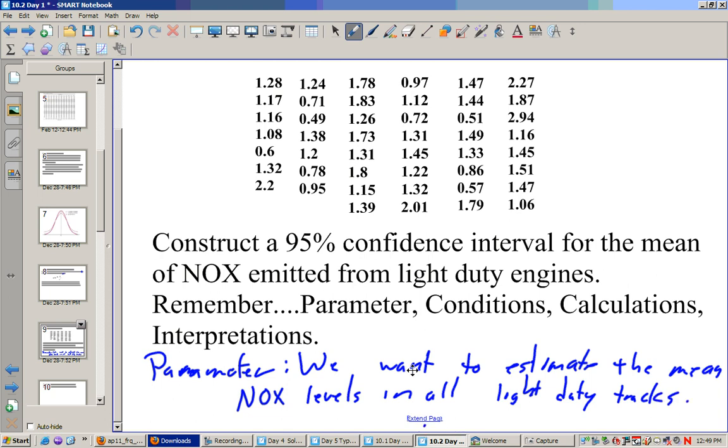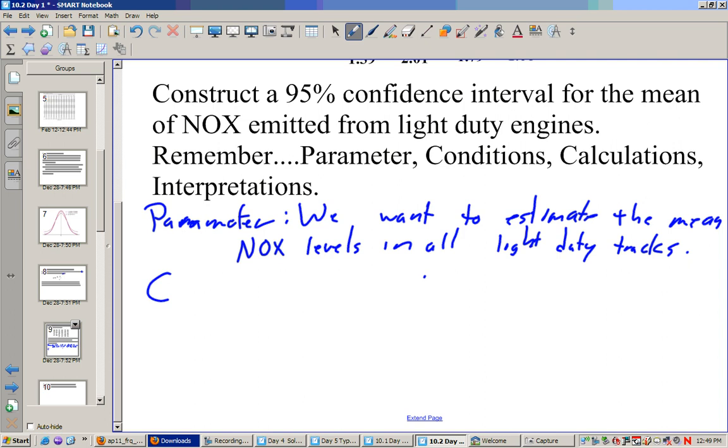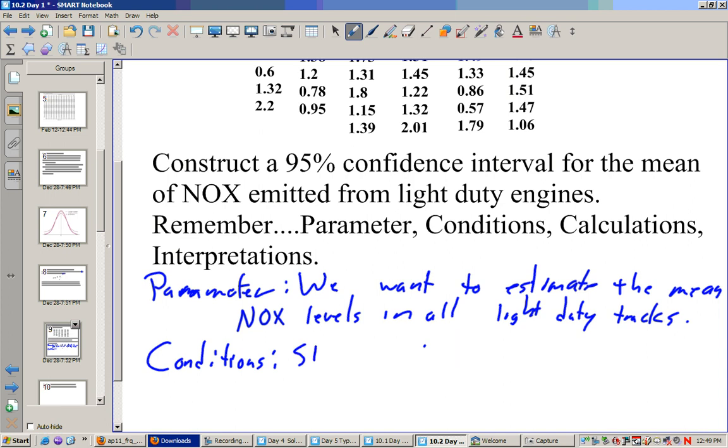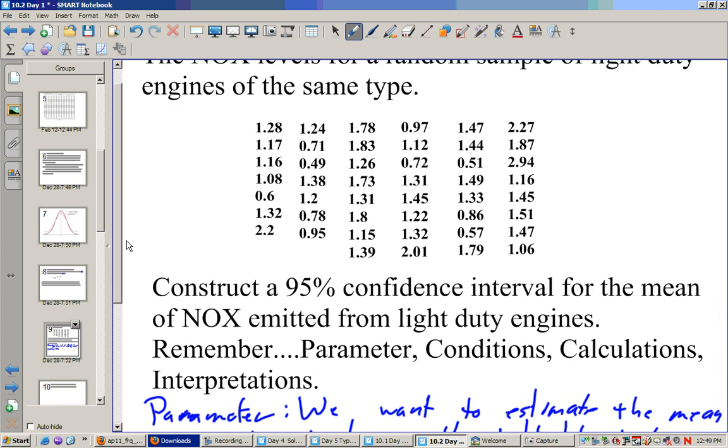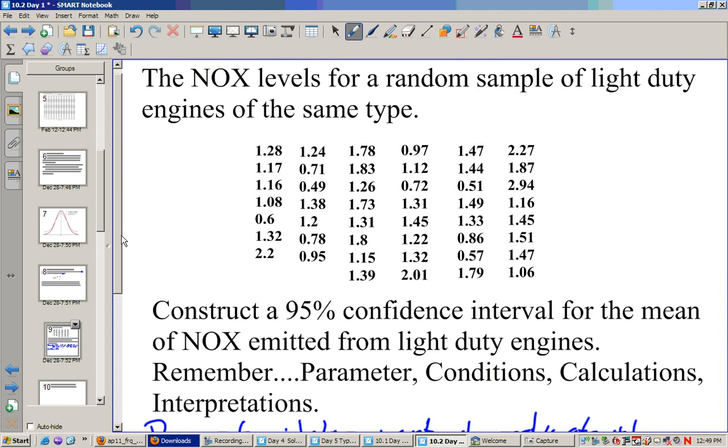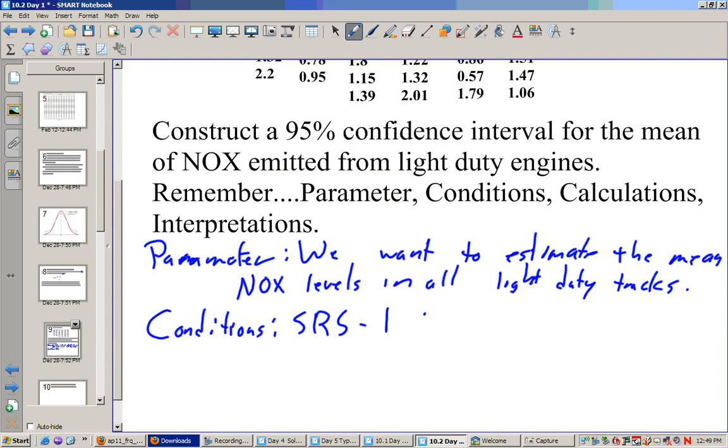All right, now our conditions. Does this come from an SRS? Well, it says it's from a random sample. So we say data is from a random sample.